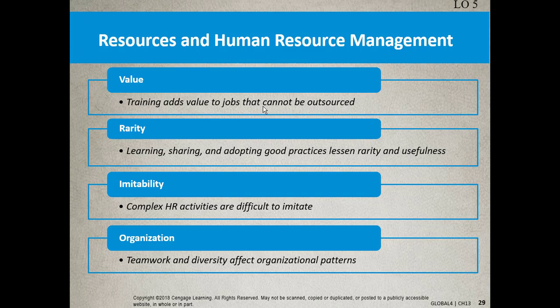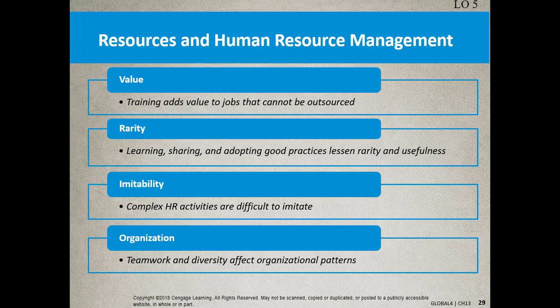And that would be an example of those activities being almost impossible to imitate. The organization: the way that teamwork and diversity affects organizational pattern. So again, the idea for you to be truly competitive as an organization is to answer yes on all of them based on the areas you're going to.